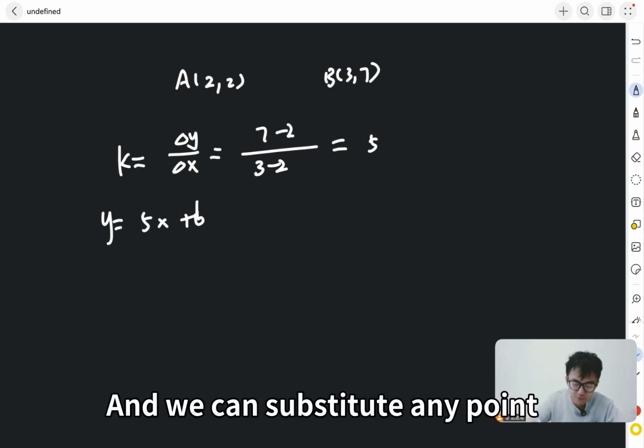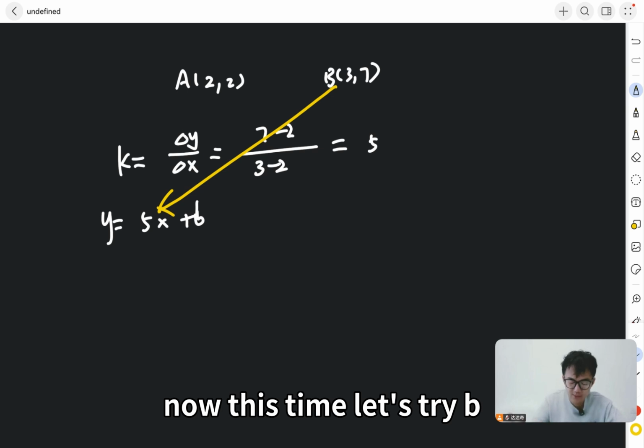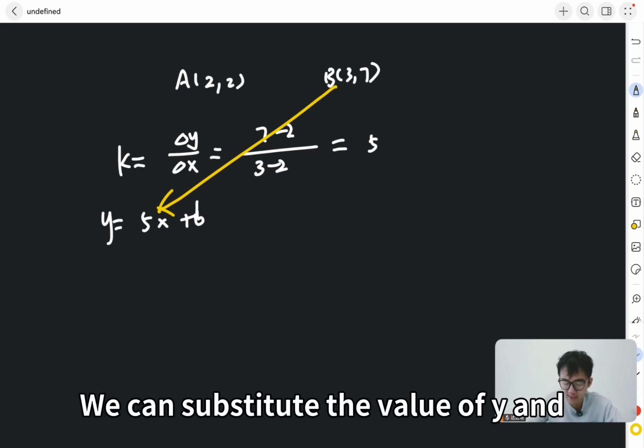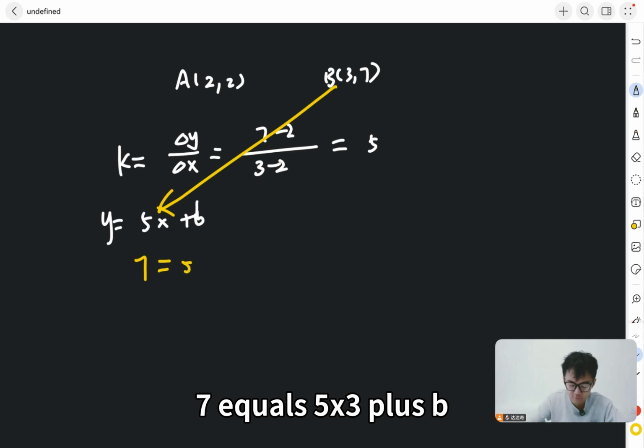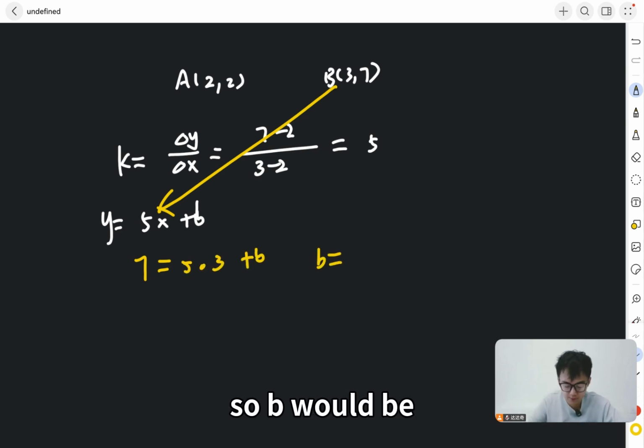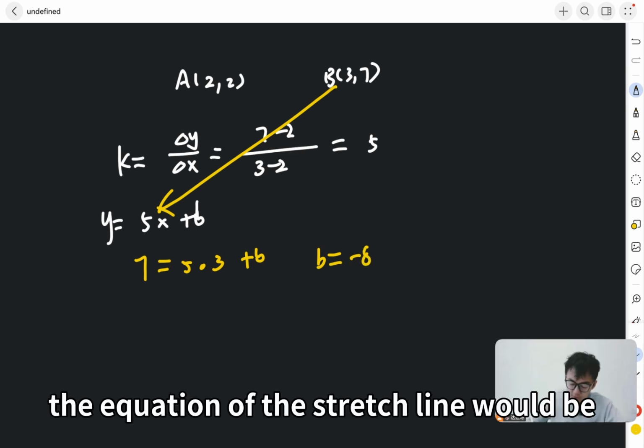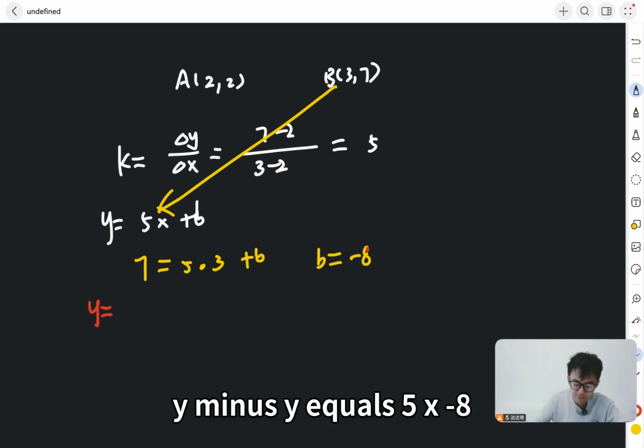And we can substitute any point. Now this time let's try B. We can substitute the values of y and x into this equation, so it will be 7 equals 5 times 3 plus b. So b would be minus 8. And the equation of the straight line would be y equals 5x minus 8.